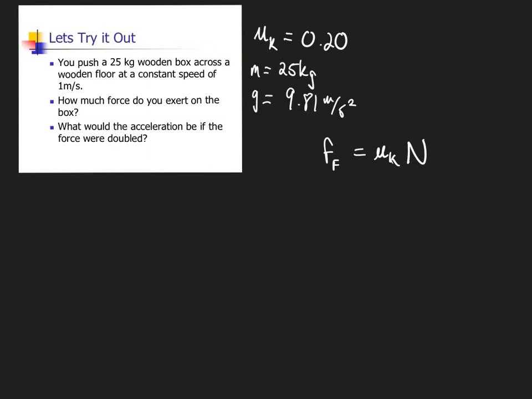Because it's moving at a constant speed, the pushing force is going to be equal to the frictional force, and that is going to be equal to the coefficient of kinetic friction times the normal force, or in this case, weight, which is 25 kilograms times 9.81.